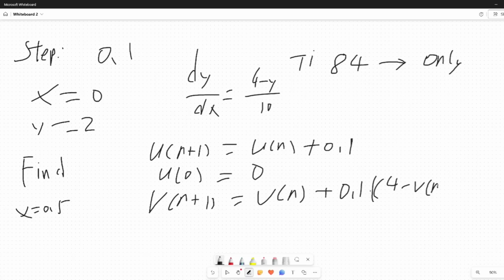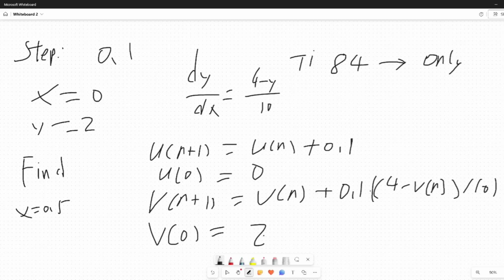Should be v(n) in the parentheses, and we divide this entire thing by 10. Yeah. Okay, so now we have everything covered. And now we just have to plug in v(0) equals 2 from here. And yeah, now we can find the answers.